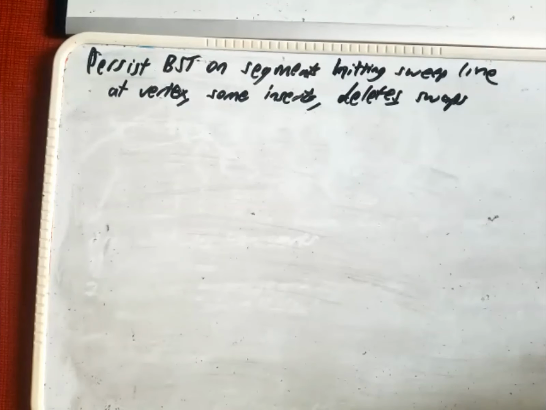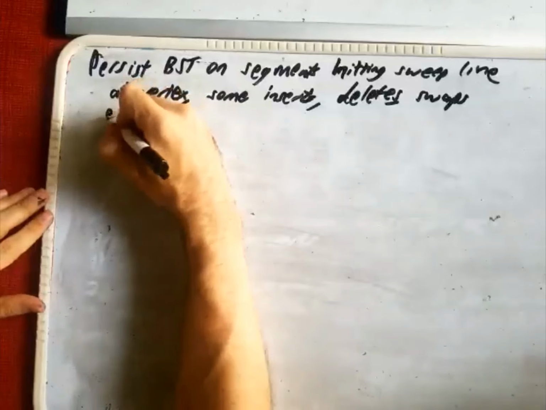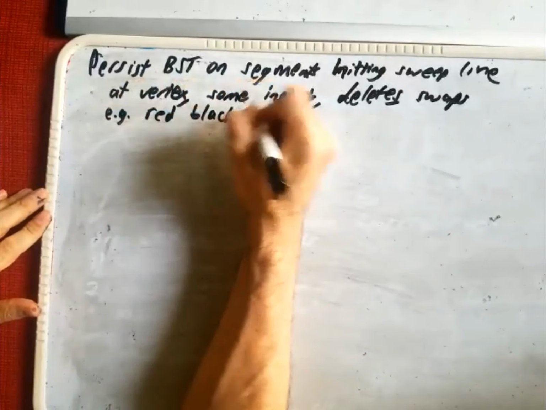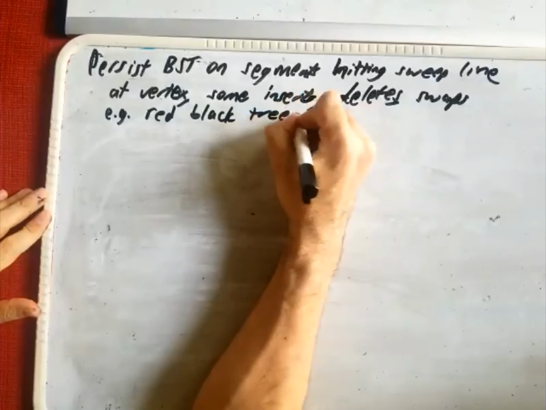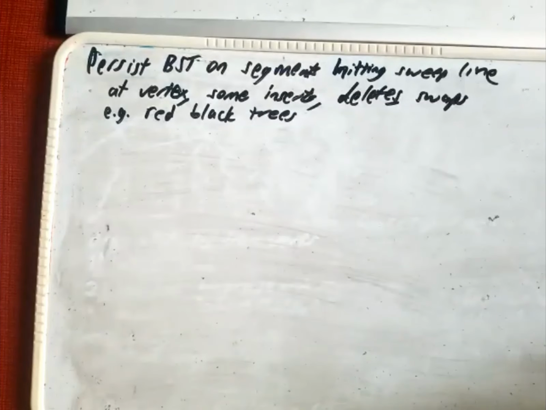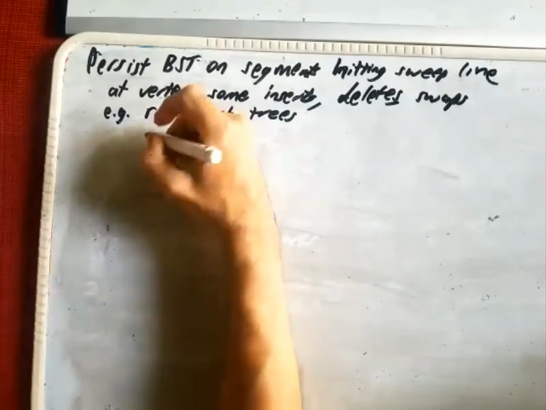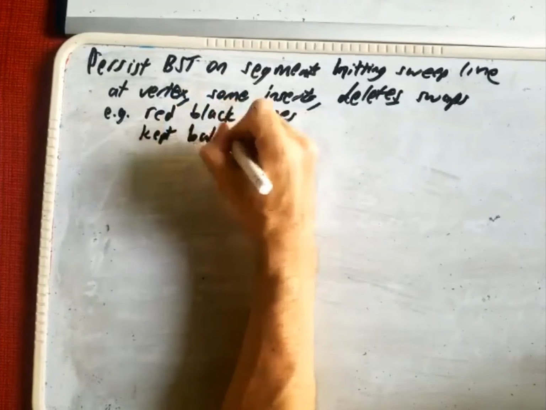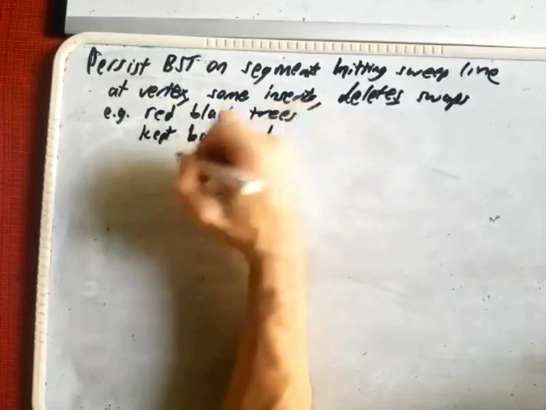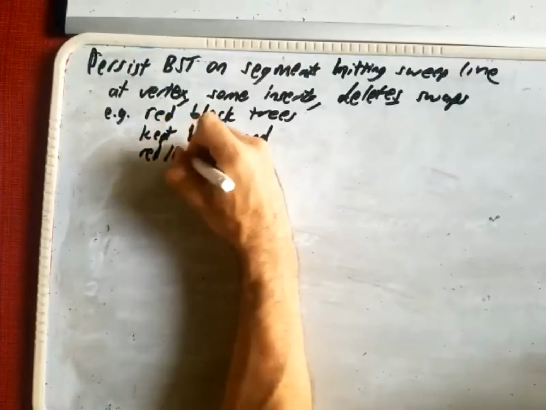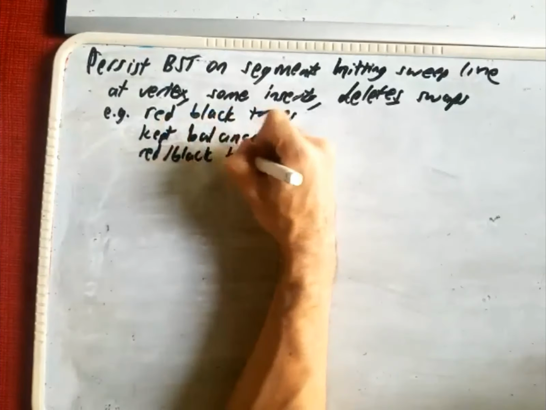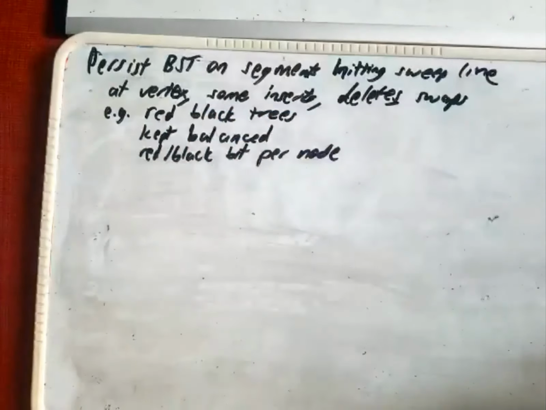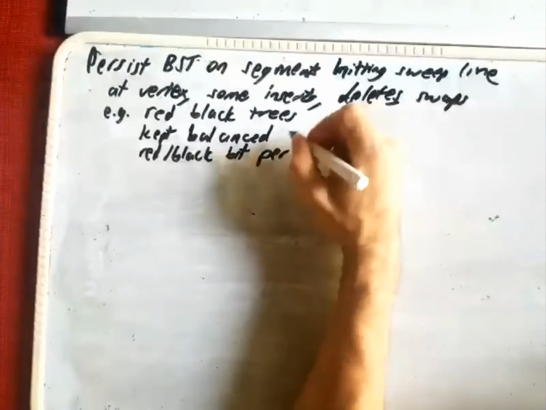Okay. So for example, let's consider using a red-black tree. So one of the standard balanced binary search trees that you've studied, right? It's kept balanced. And it has a red-black bit per node. If you learn a different balanced binary search tree, you can use it instead, okay?